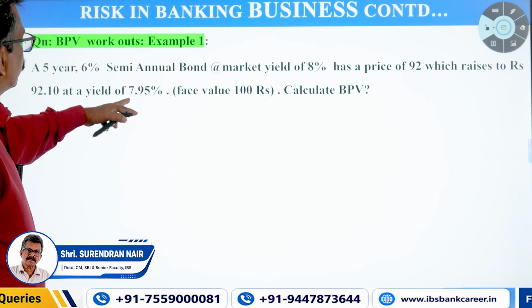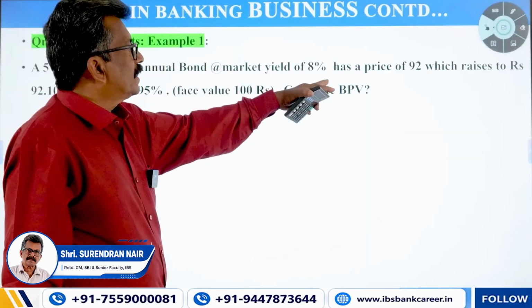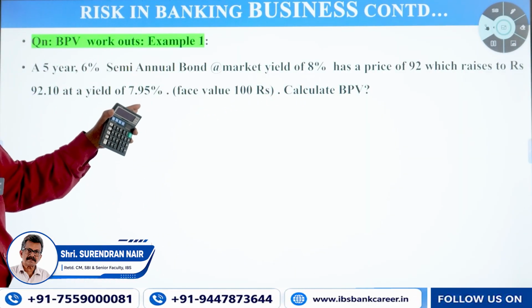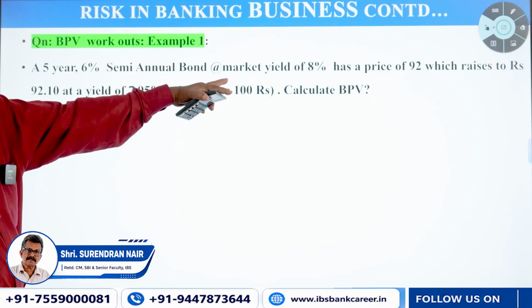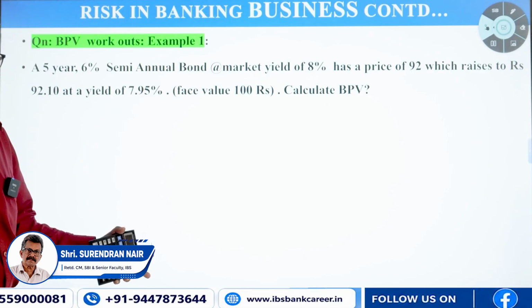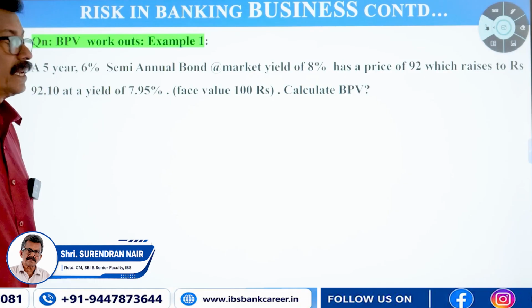Change in price is given in the question. The formula for BPV is change in price divided by change in market rate. Change in market rate is also given, so both are given, and you will be asked to calculate BPV.